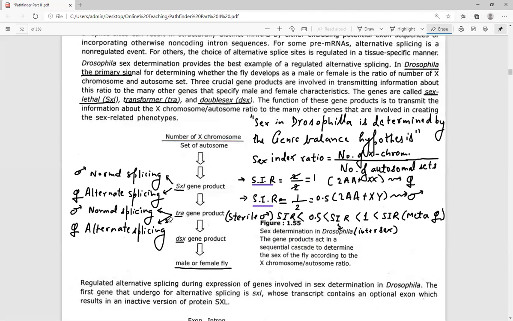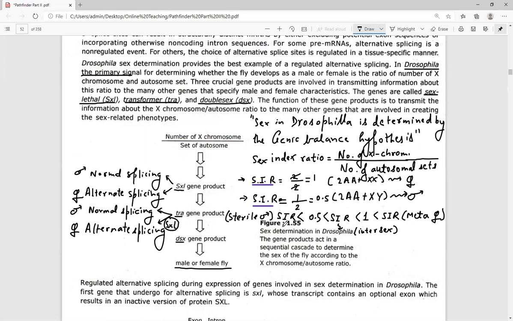Okay, sorry, it might not be visible for you all. Just writing it out. This is Sxl. Now the next one is referred to as the Dsx protein. Here the Dsx gene is involved, and it initiates the process of splicing.